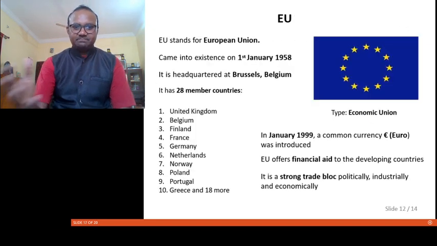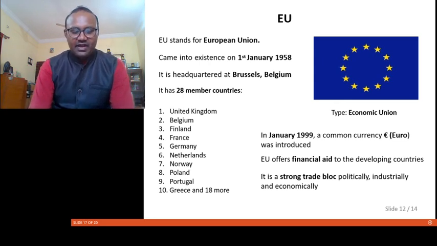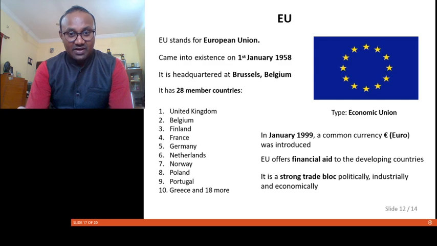The biggest trade bloc we have is the European Union. It came into existence on 1st January 1958, headquartered in Brussels, Belgium. It has 28 countries, with members like the United Kingdom, Belgium, Finland, France, Germany, Netherlands, Norway, Poland, Portugal, and Greece.